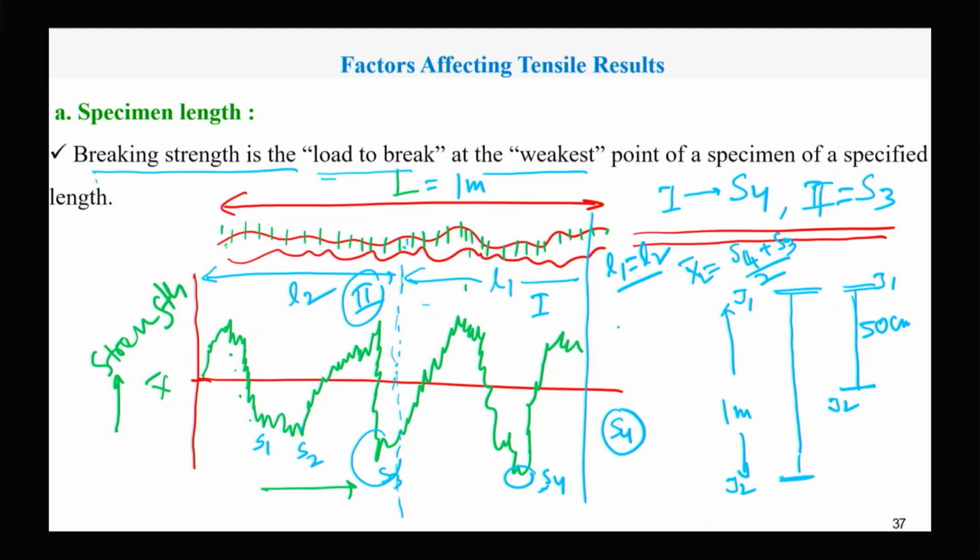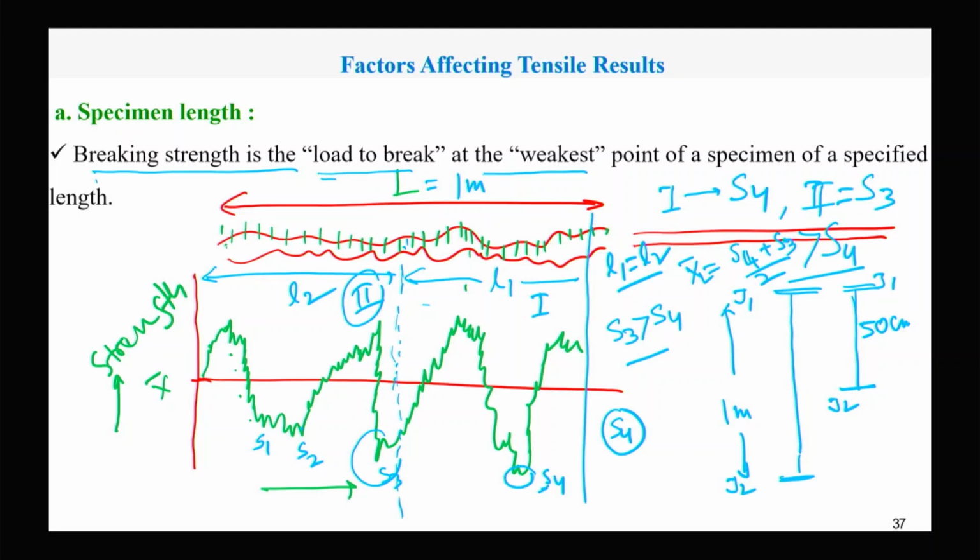As S3 is more than S4, their mean will definitely be more than S4. So that means we are getting a little bit higher mean load, mean breaking strength.